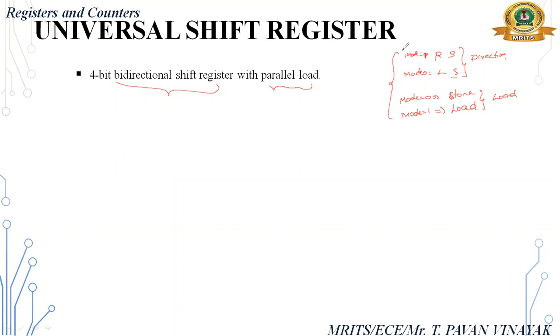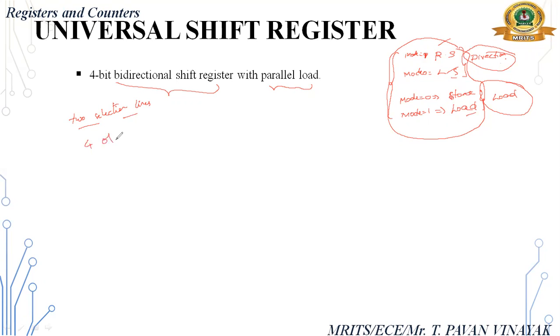We have to combine these two operations, meaning a total of 4 operations. How many controls do we have? Two controls: direction control and load control. Have you observed this? Two controls means two selection lines, and four outputs.